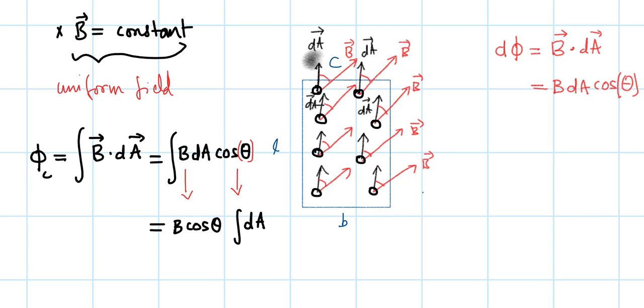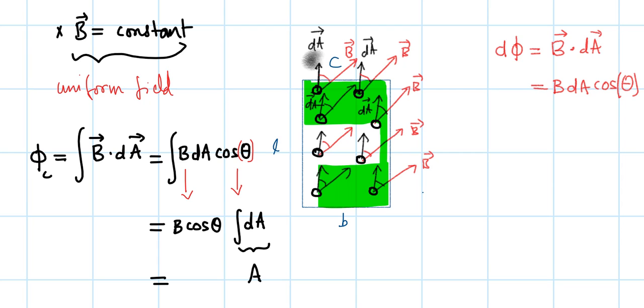So let that area be A. After doing the integration of tiny areas, you get the entire area within the region enclosed by C, which would be this green area represented by this green shaded region.